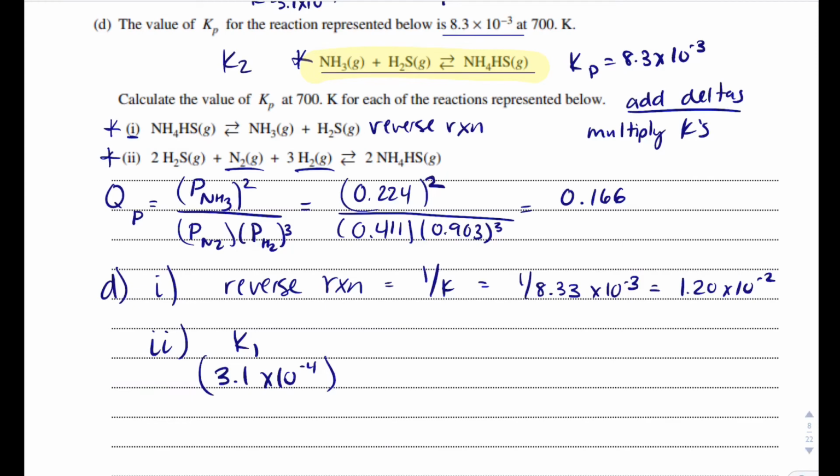So I'll call this K2. We'll take K1 times K2, but K2 is doubled. When we double with Ks, we really will square it. So times 8.3 times 10 to the minus third, squared, times 3.1 times 10 to the minus 4, and I'm going to put it into scientific notation. I get 2.14 times 10 to the minus 8.